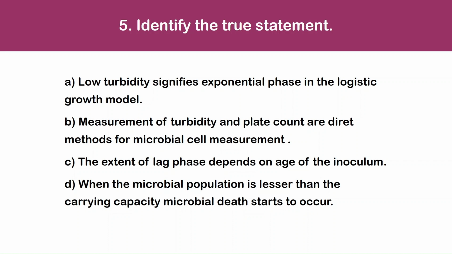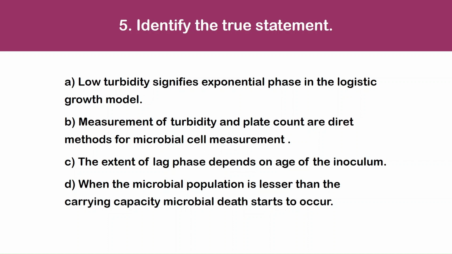So you have your K here, but your N naught is here. This axis is the number of cells and this one is time. When you have N naught less than K, it goes up until the carrying capacity is reached.